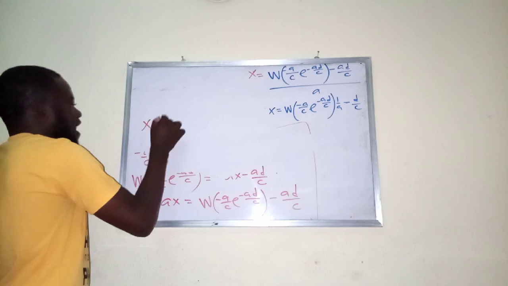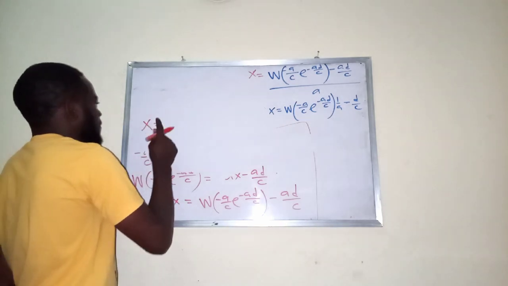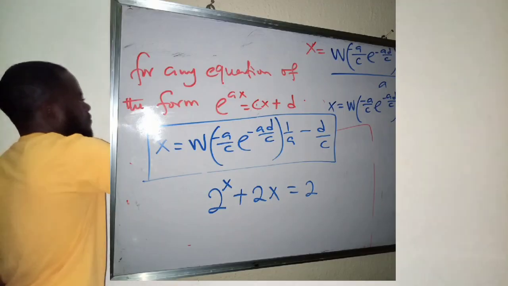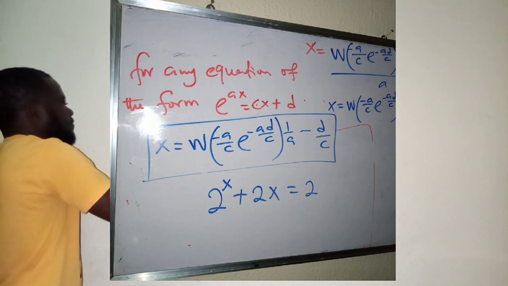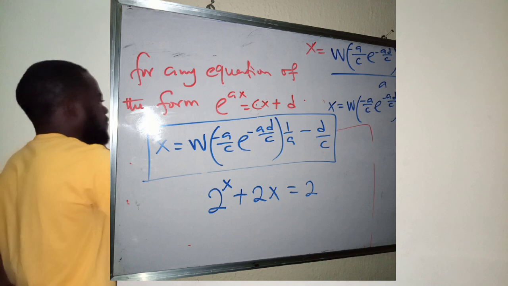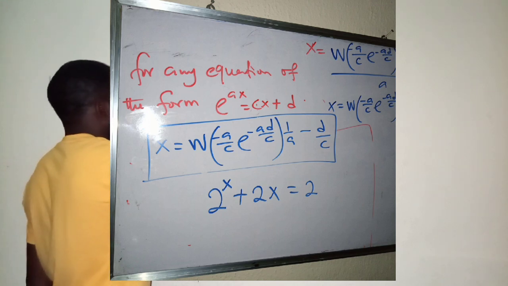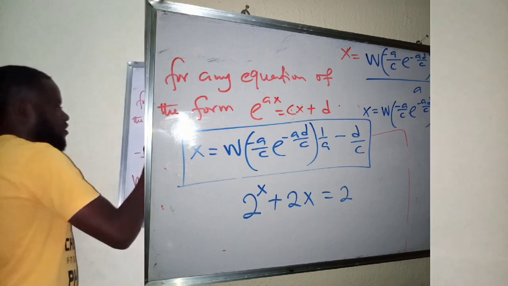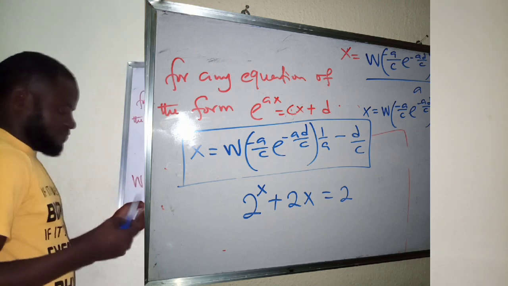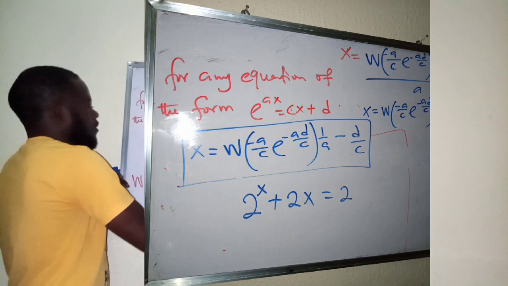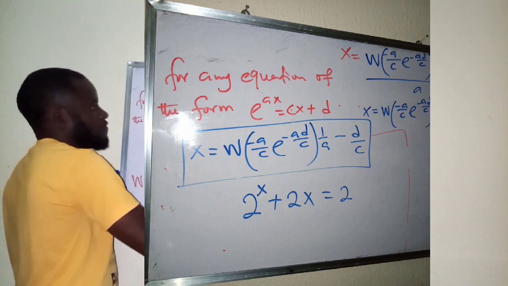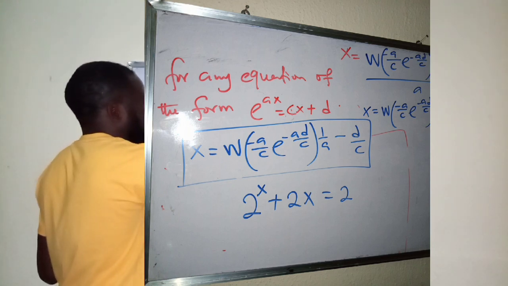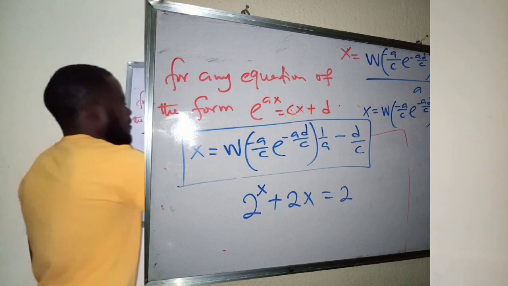Let me conclude by saying for any equation of the form e to the power of ax equal cx plus d, the general solution is going to be x equal W of negative a over c e to the power of negative ad over c, times 1 over a, minus d over c.